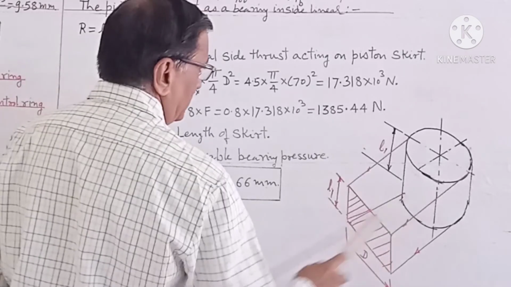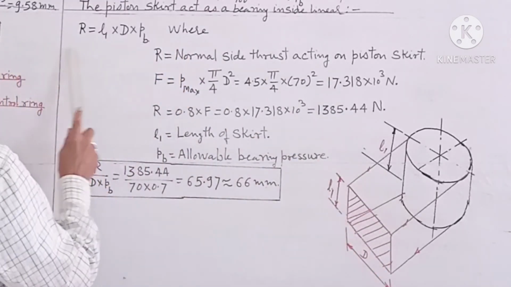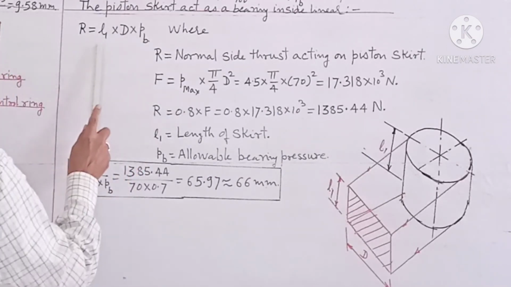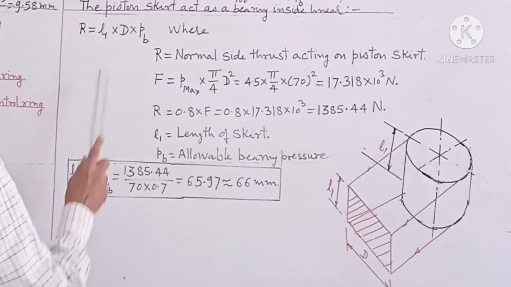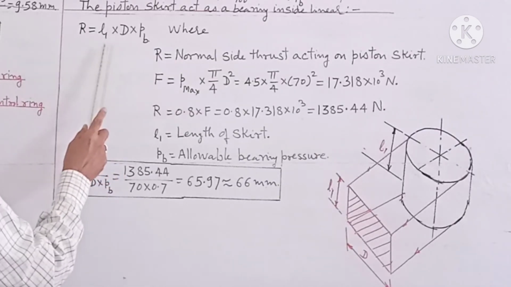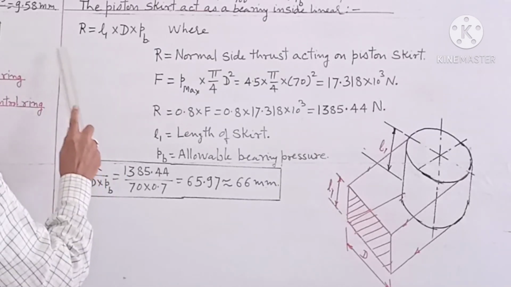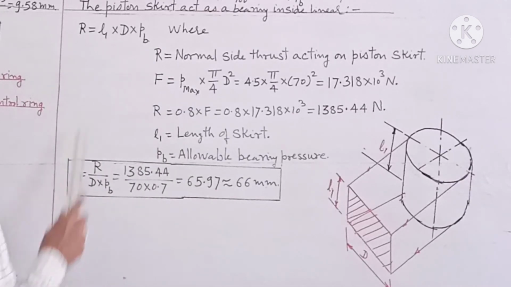Now from this formula we can calculate the value of L1 by transferring L1 to the left hand side and other values to the right hand side. So this equation becomes L1 is equal to R upon D into PB.